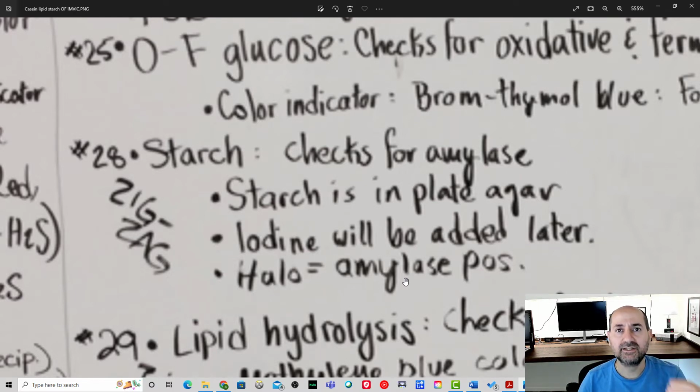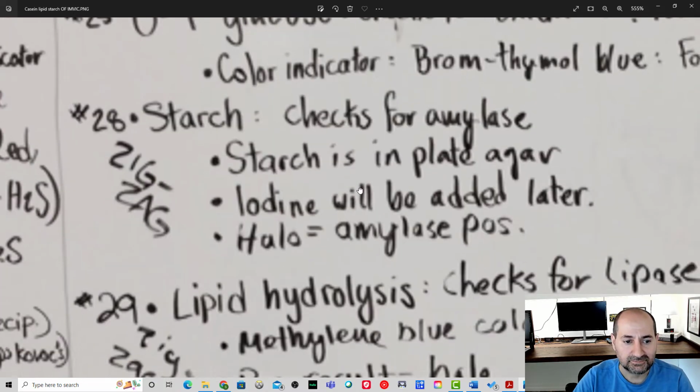Remember that iodine reacts with starch to form a purple precipitate, and if the starch is broken down due to the amylase, then the bacteria are going to have this clear area with no purple color change near the bacterial growth. So you should know what a positive result looks like, and you should know that iodine is the reagent that needs to be added here.